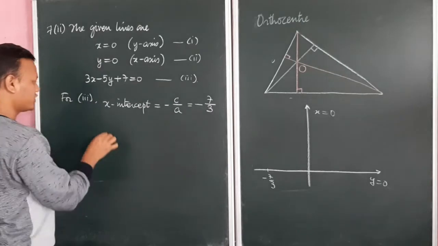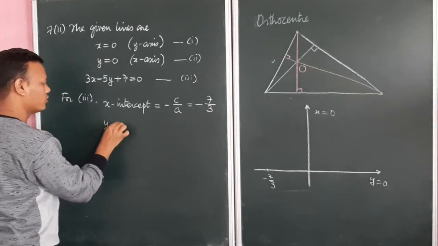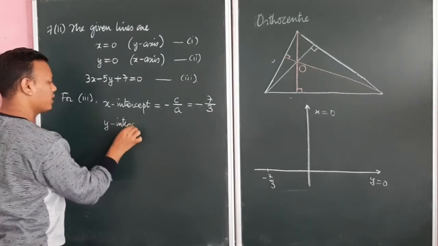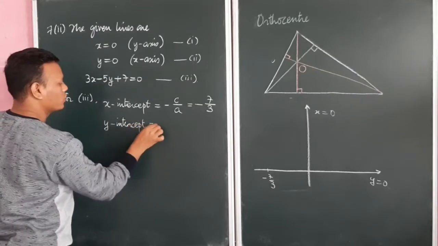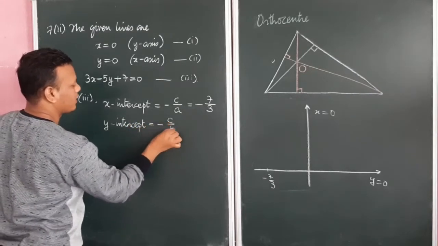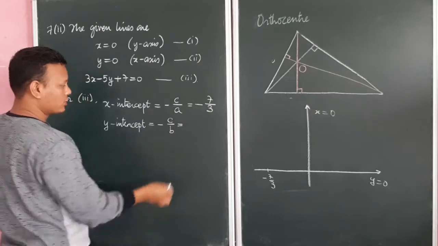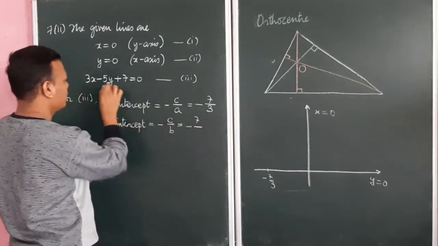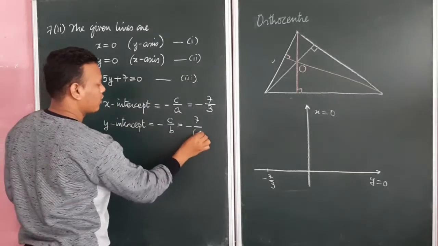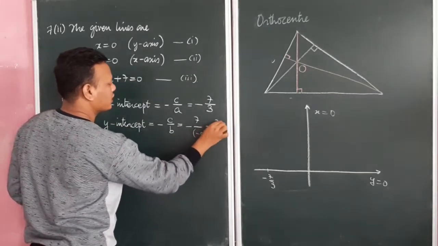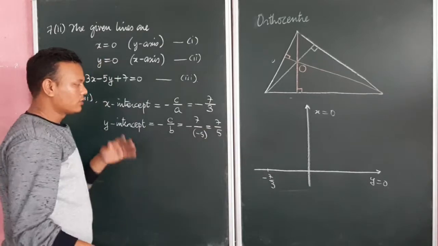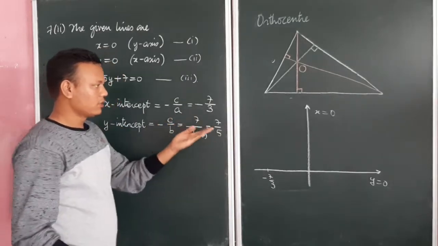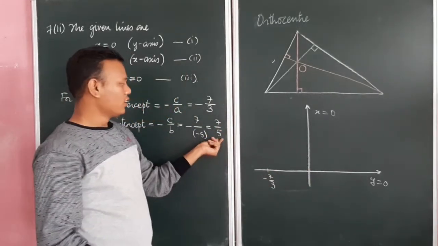Next is the y intercept. What is the formula for finding the y intercept? The y intercept will be equal to minus c by b, isn't it? Now what is c here? c is again 7, and what is b? b, as you can see, is minus 5. So how much is this? This is 7 by 5. Now this 7 by 5 is the y intercept, so in the y-axis I have to go up, right?